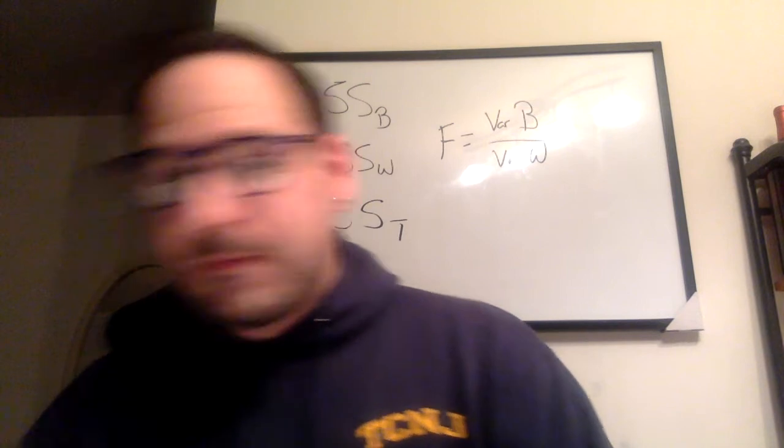So, you have to look up a couple of different degrees of freedom. ANOVA is a little bit different than what you guys are used to, so I'll walk you guys through all that too.